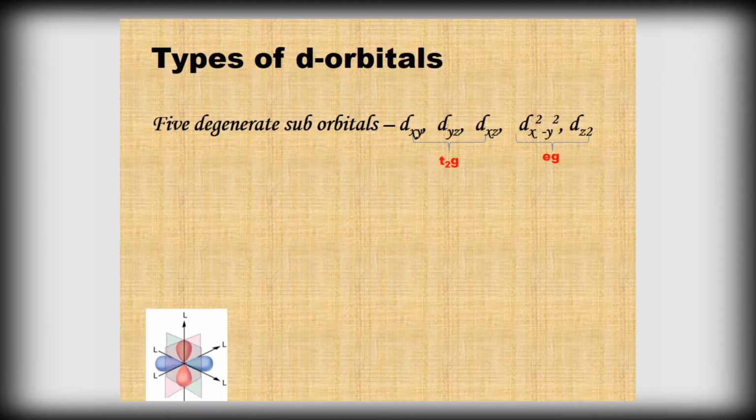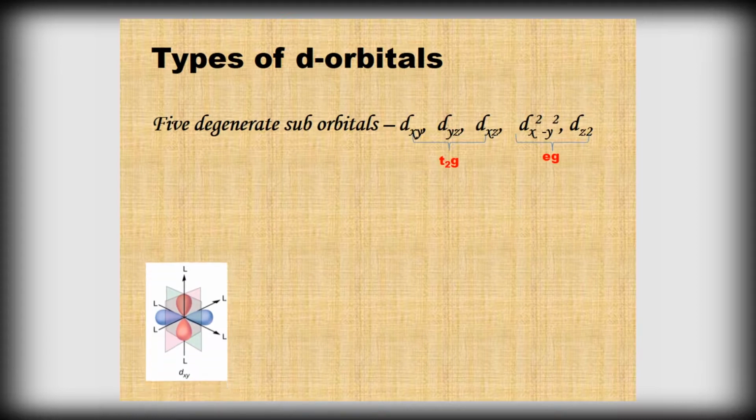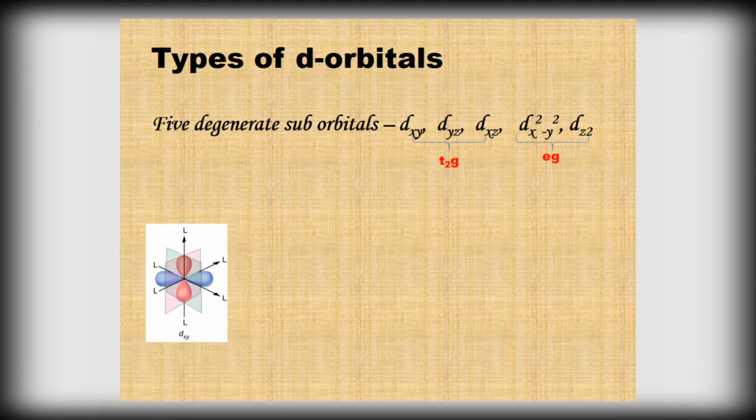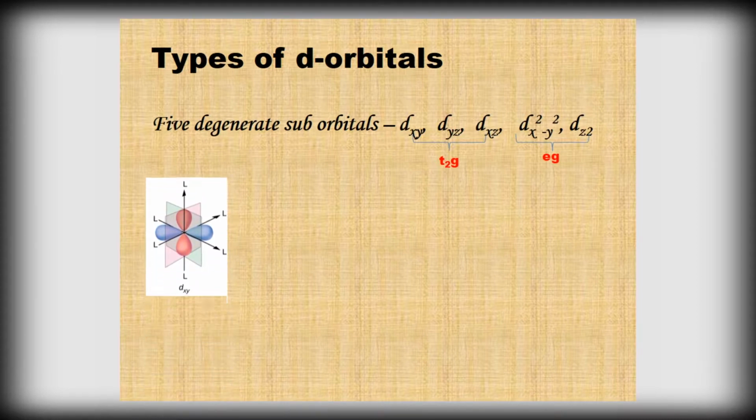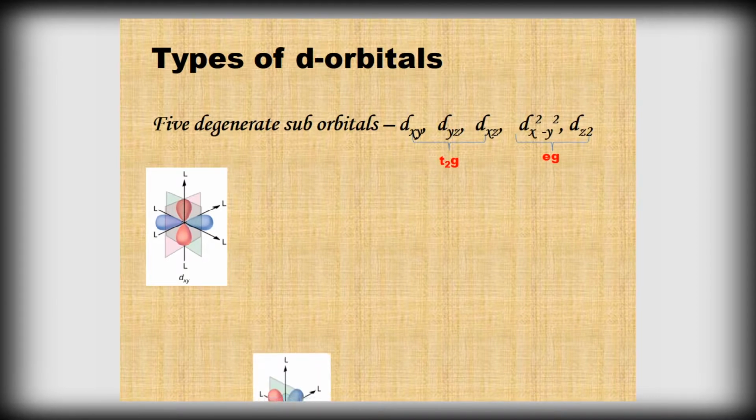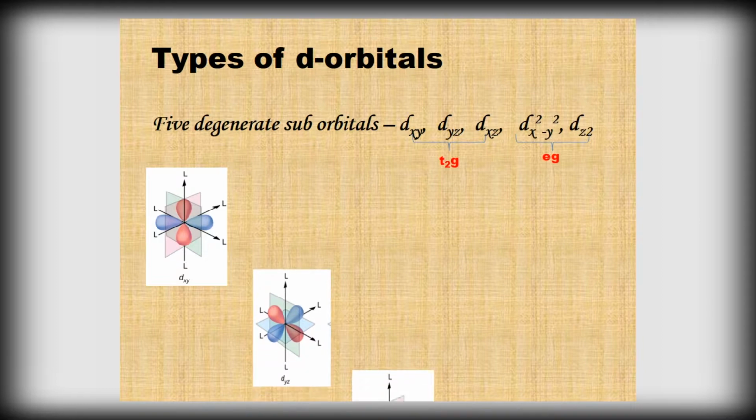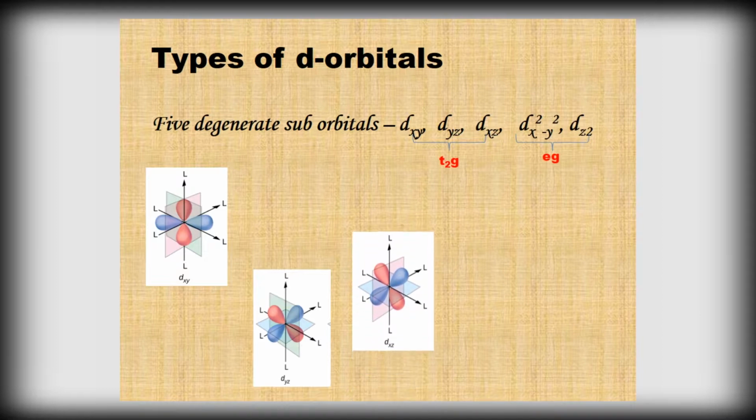Then the types of d-orbitals. There are 5 degenerate suborbitals: dxy, dyz, dxz, dx square minus y square and dz square. For dxy, dyz and dxz, the lobes are in between the axes.